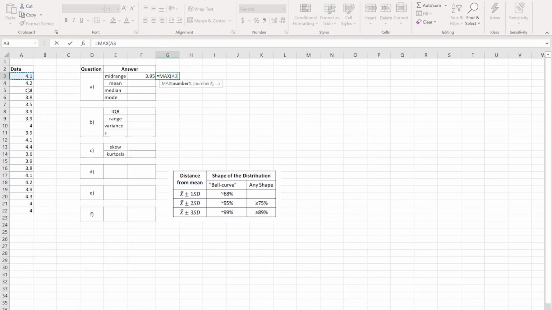So the maximum plus the minimum divided by 2. All right, very different numbers. Make sure to include parentheses when necessary for order of operations. Our mean is just calculated with the average function.